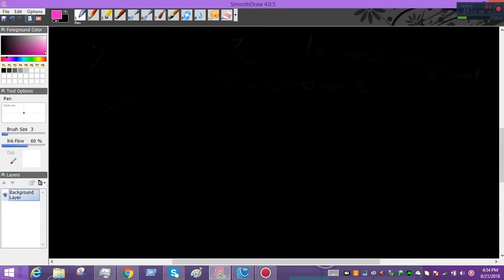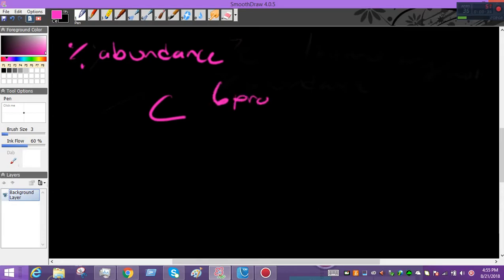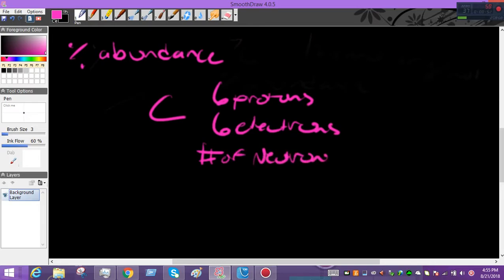But mass spectrometry is essentially a way to measure the percent abundance of different isotopes. So if you have a sample of carbon, for example, all carbon atoms will have 6 protons and 6 electrons, but the number of neutrons will vary.